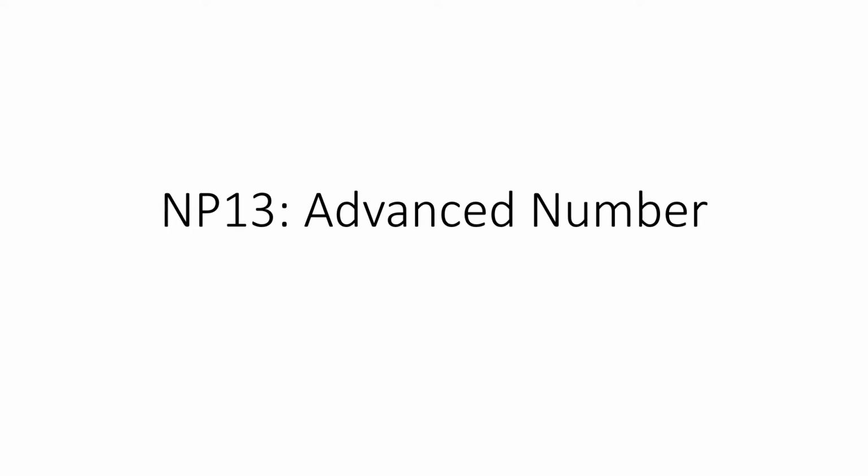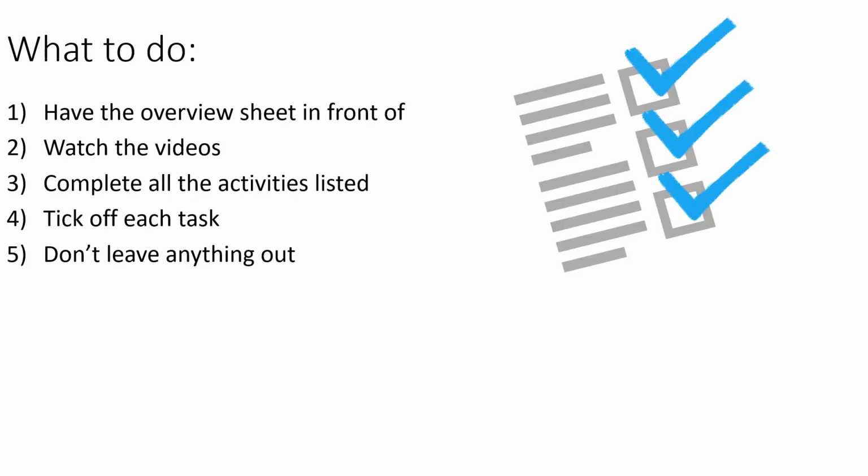So let's get started. First of all, let's talk about what we want you to do. First thing is make sure you've got the overview sheet in front of you so that you know exactly what you should be doing and when you should be doing it. We want you to watch the videos that are listed out on the overview sheet. Every single one of them, we want you to complete all the activities.